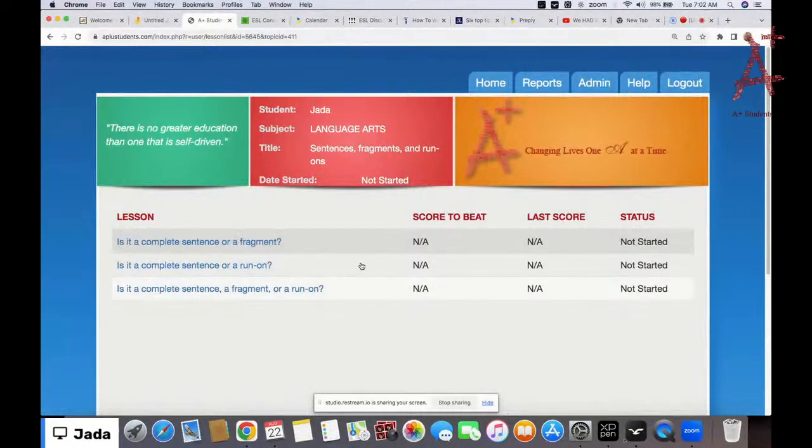We have 3 lessons on sentences, fragments, and run-ons, and we will try to complete all of them.